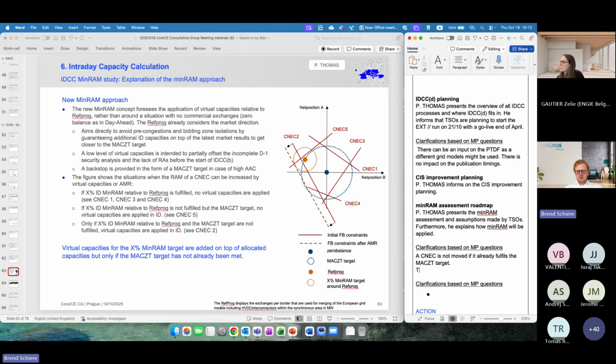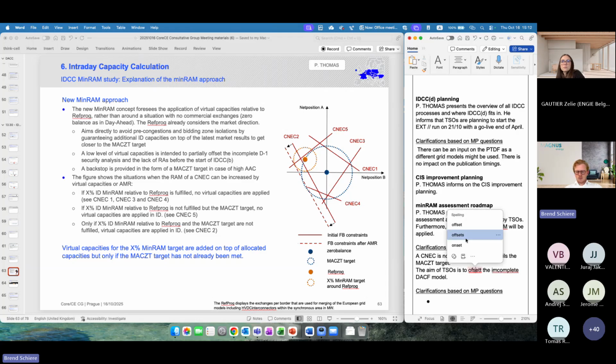That's what we try to offset, this effect that it's incomplete, because that's the effect that leads to zero or negative RAM, by creating some small margin around it. So if today a CNEC would be there with 15% negative RAM, it should actually mean that we shift it with up to maximum 20% to create 5% of margin. And that's why you understand that we also need to validate this first to see how feasible that is.